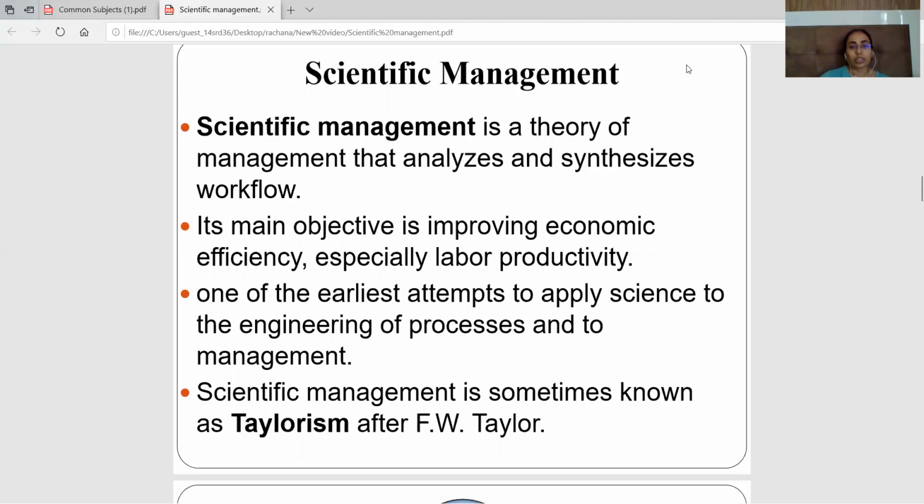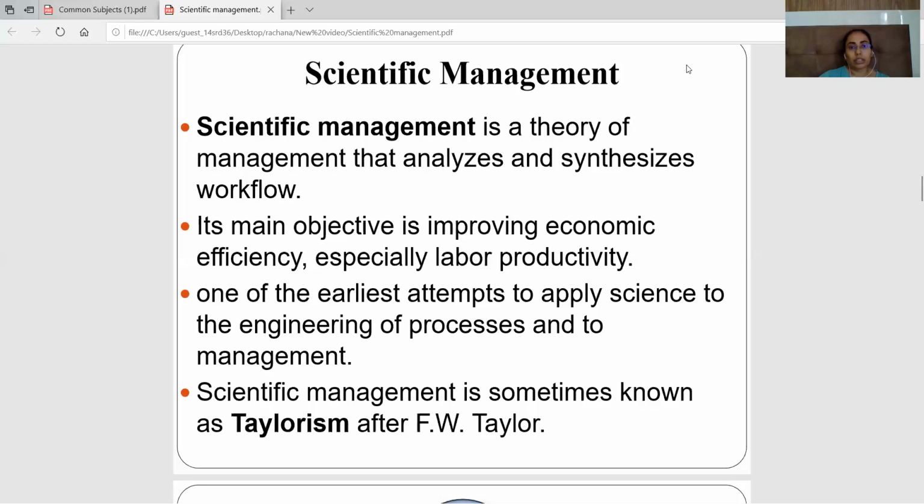for an organization, and the main objective is to improve economic efficiency, especially labor productivity. In scientific management, a special focus was given to the productivity of labor and the ways to improve it. One of the earliest attempts is to apply science to the engineering process and to the management process.